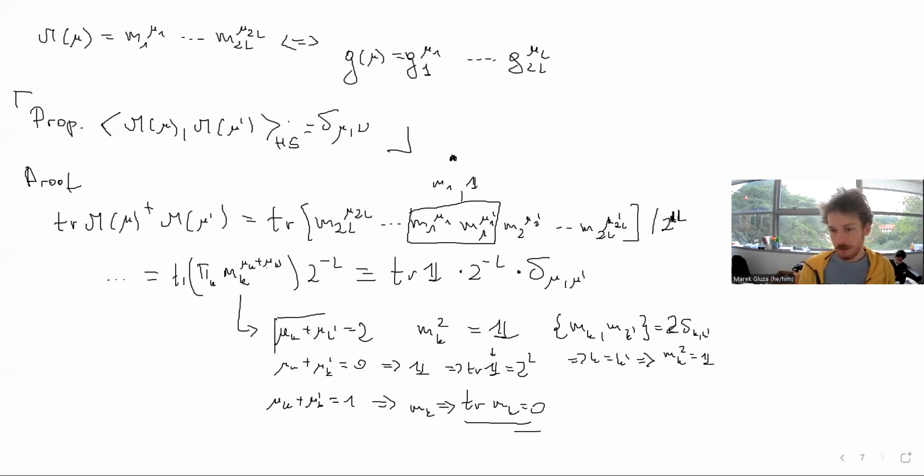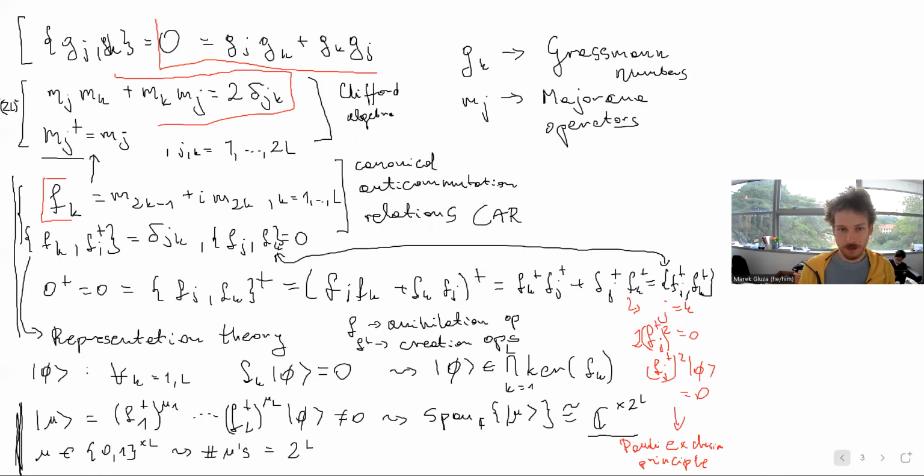The Hilbert space that we are discussing, I was writing it down here. The Hilbert space is just this linear vector space here. So you can think of those Majorana operators as matrices.